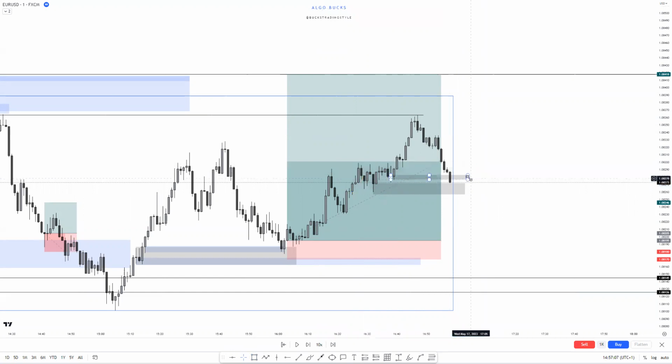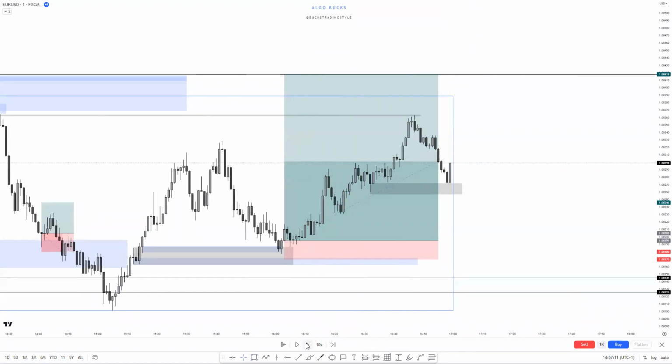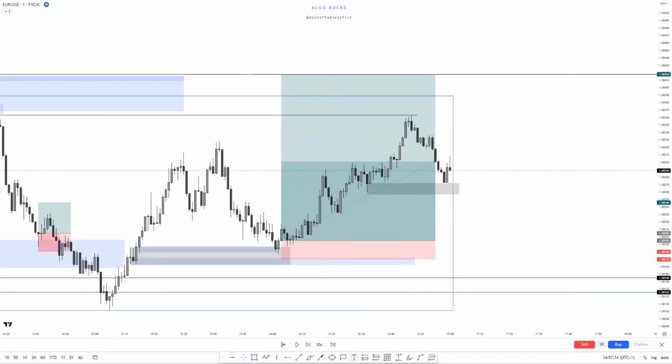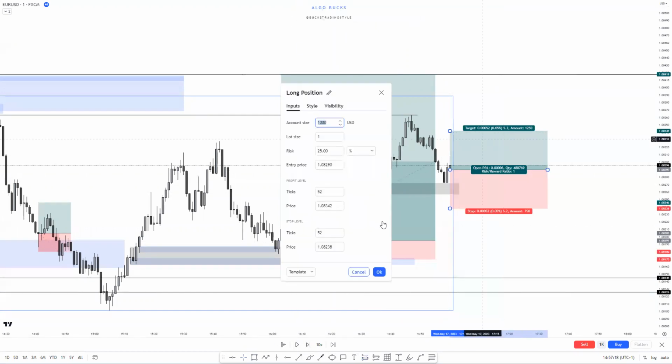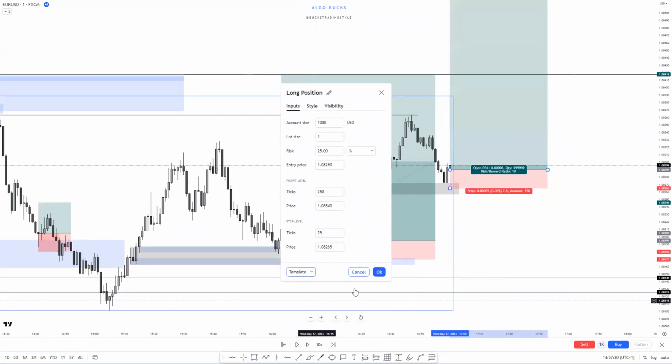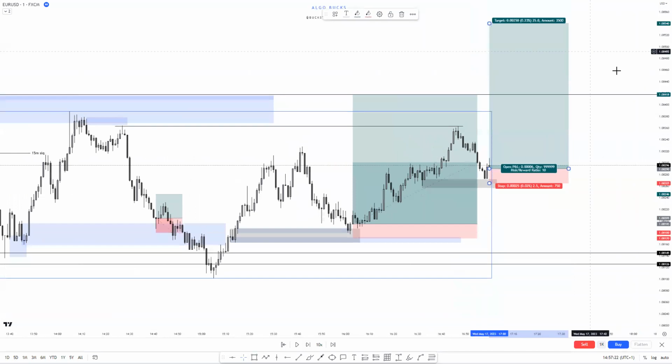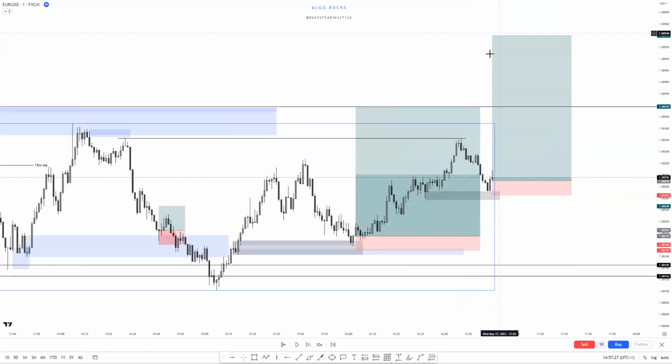So this one failed, and price has really mitigated this one right here. So right there we have engulfing, and there I will take the trade, mitigation of engulfing. Right there, stop loss here. Target would still be this high.